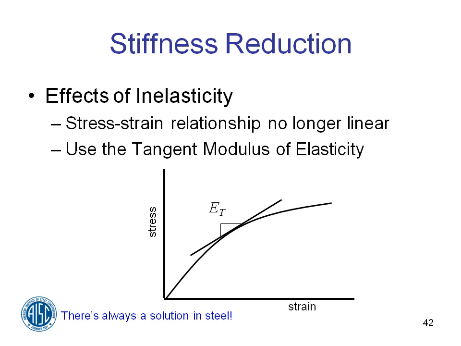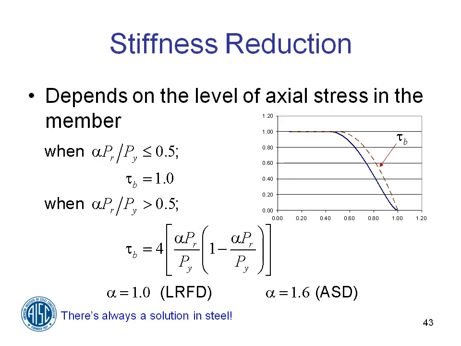But because we are now not talking about just a small specimen, but in fact a whole cross-section, we find that the stress-strain relationship follows a curve similar to what's shown here. And what we should be using is the tangent modulus. The relationship that we have for the tangent modulus can be accommodated through the use of tau sub b.